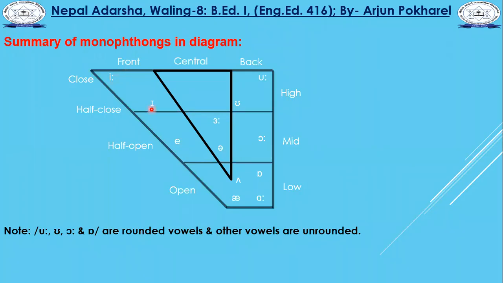And this E is high, front, and this is also unrounded, because only these 1, 2, 3, 4 are rounded, and other vowels are unrounded. That's why it is unrounded. Now, is it short or long? It is short one. In this way, you have to give the 4 term description.